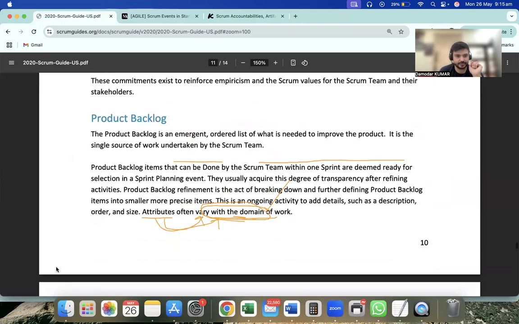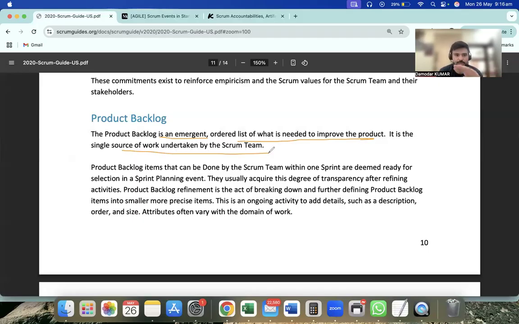Let's quickly read it. Okay. So the product backlog is an emergent, ordered list of what is needed to improve the product. That's 100% right. It's the single source of work undertaken by the Scrum team.